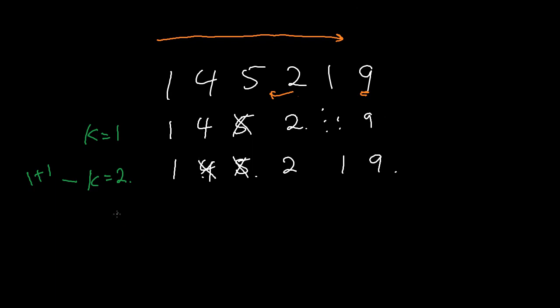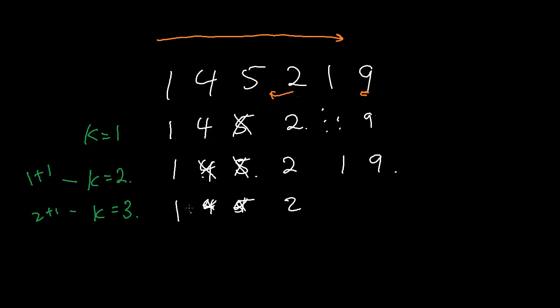Okay, so let's take a look at k equals 3. So again, this is just the same thing as 2 plus 1. So let's just fast forward to where we were at the end of removing the second digit, which was 1, 4, 5, 2. This got removed, this got removed. Okay, so now we have to double check that the previous one still aligns with the next one. So if we remove 1, it'd be replaced with a bigger number, so we don't want to remove 1.